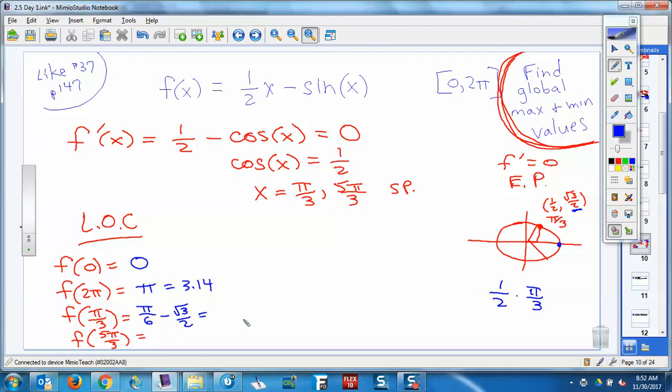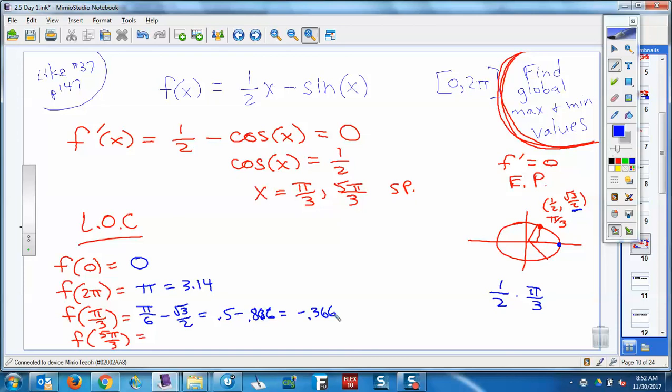So that's about 0.5 minus root 3 over 2, which is 0.866. So 0.5 minus 0.866 is what? About negative, did I do that right? Roughly.